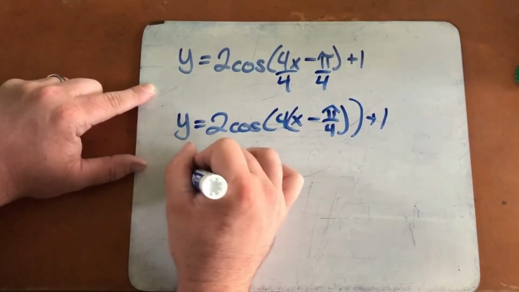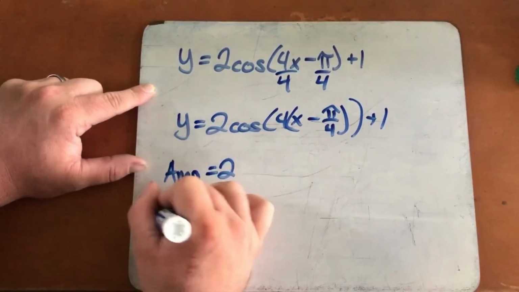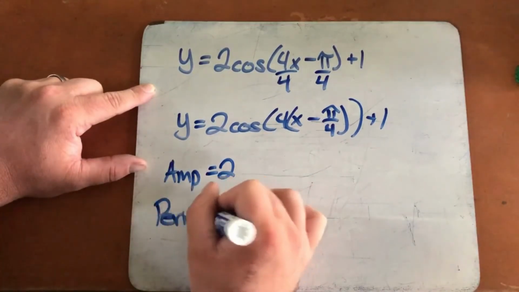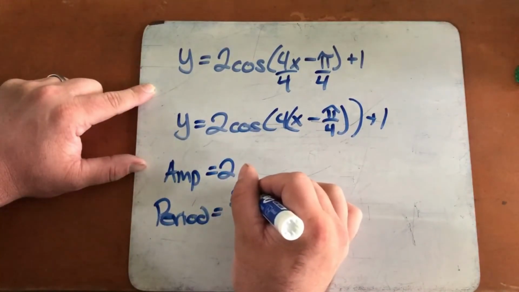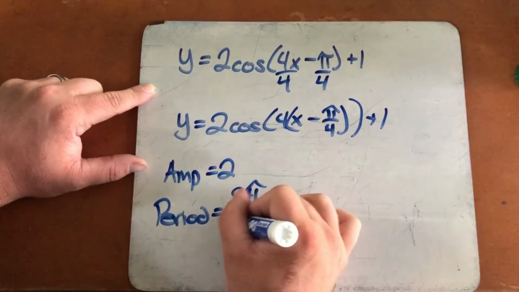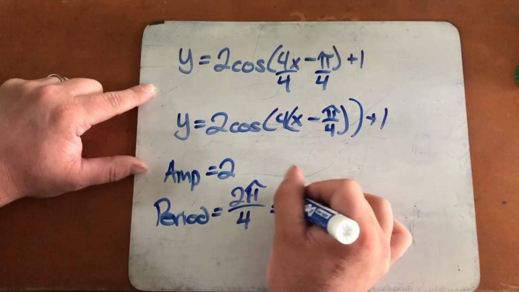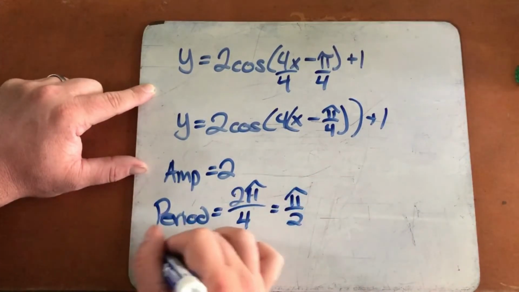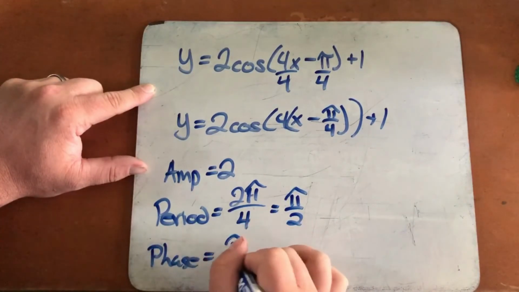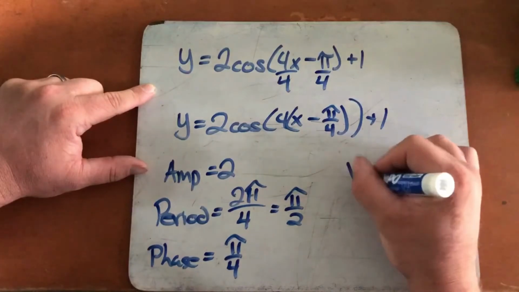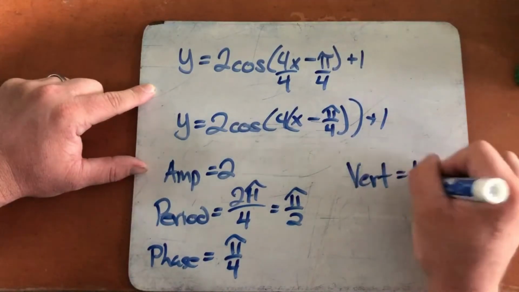That means my amplitude is 2. My period, this is also in radians, so it is 2 pi over 4, which gives me pi over 2. I have a phase shift of positive pi over 4, and I have a vertical shift of 1.